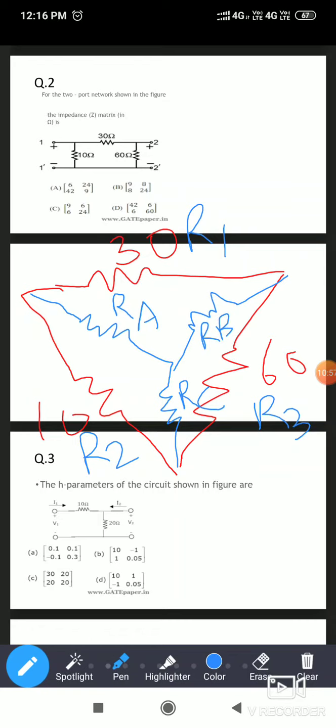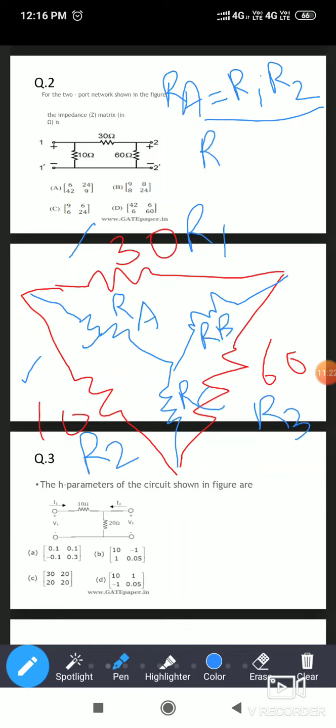So if you know the equations, already we covered this star delta. So how to find out RA? RA is equal to, I will write this equation, R1 into R2. When you are finding RA, you need to take the two resistors on its sides, and that product you have to take, R1 R2 divided by the addition of all resistors, R1 plus R2 plus R3.